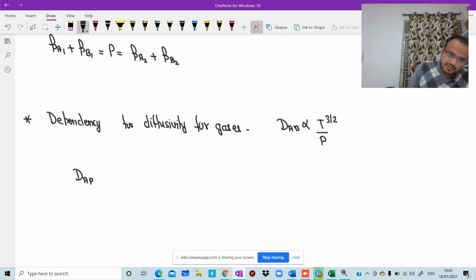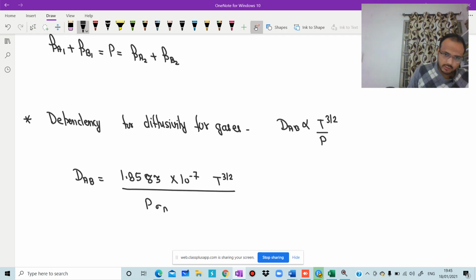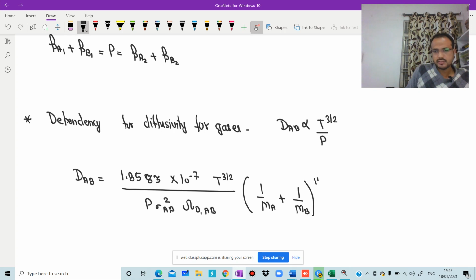And the parental equation is DAB equal to 1.85383 into 10 to the power minus 7, T to the power 3 by 2, divided by P into sigma AB square into omega DAB. But there is no need to mug up this equation; the above proportionality is sufficient.